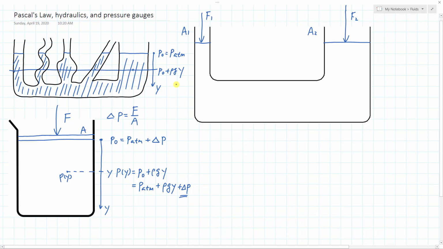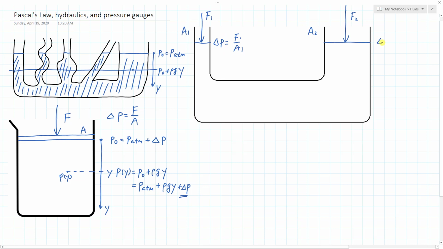So according to Pascal's principle, or Pascal's law, the added pressure due to the push will be the same across the same height, same depths, or everywhere. So we'll do this. The delta P on the left side is equal to F1 over area 1 because we're pushing.